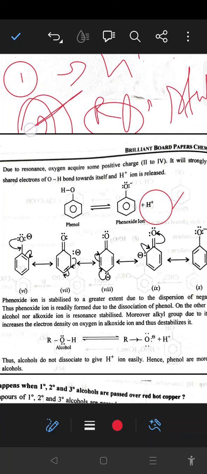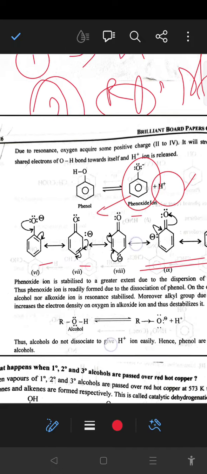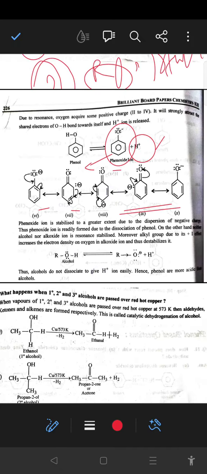So the second point is that after removal of H positive ion, the remaining product should also be a stabilized product. When we draw the resonating structure of phenoxide ion, that also leads to stability of the molecule due to the dispersion of negative charge. The phenoxide ion is readily formed due to dissociation of phenol.